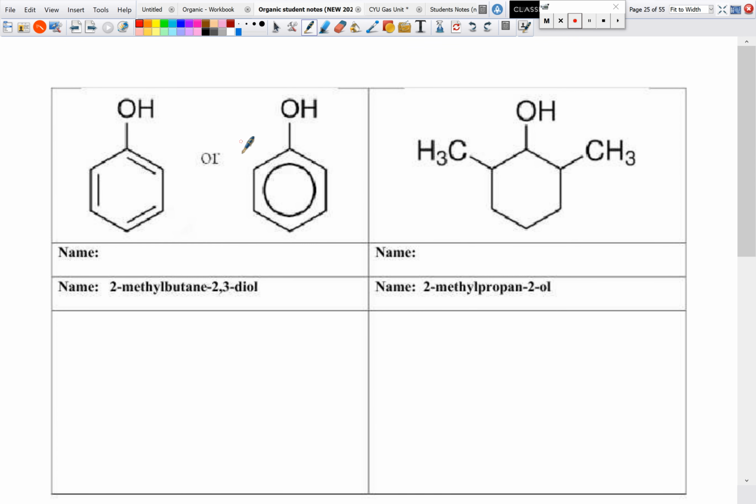Now, this one right here, if you have benzene with the hydroxyl group, normally this is where I'd say, okay, try to figure out the name. But this one here is actually one that you just have to memorize. And that's if you have a benzene or an aromatic with the hydroxyl group, it's called phenol. And there's no other way around it.